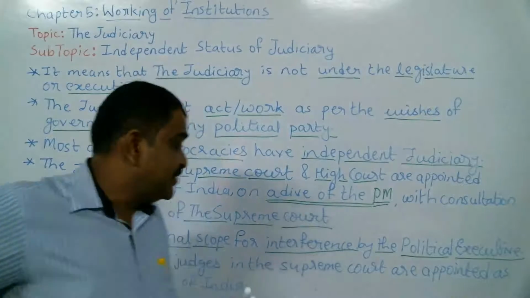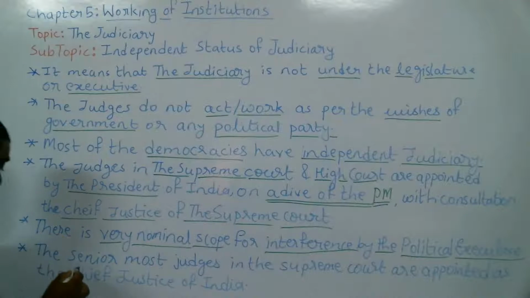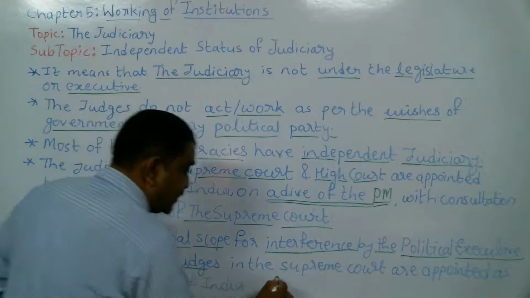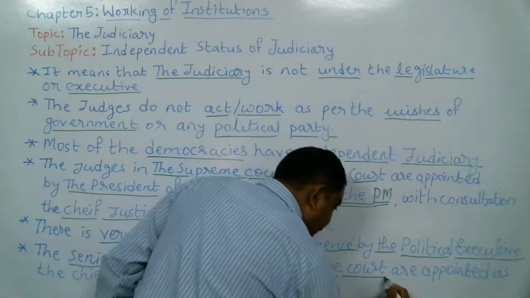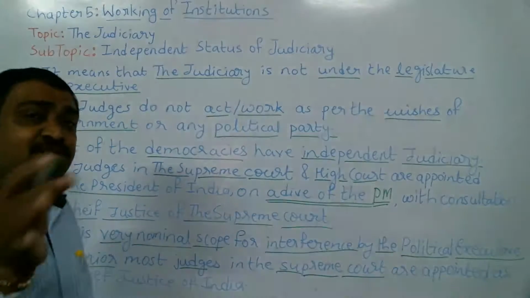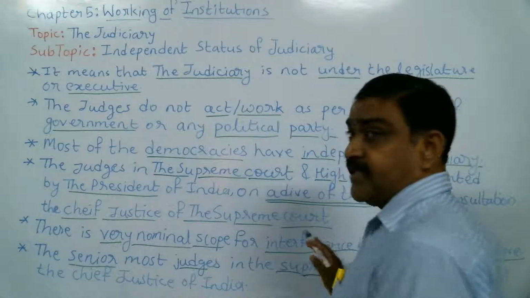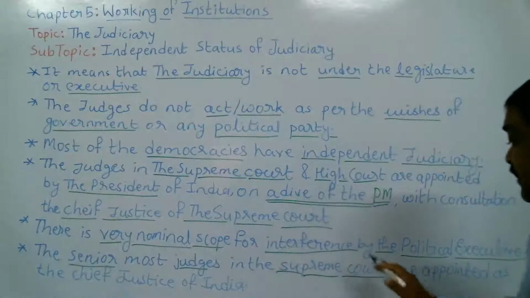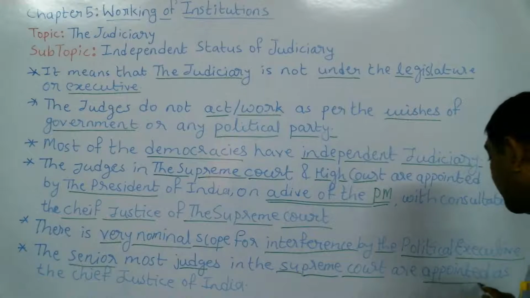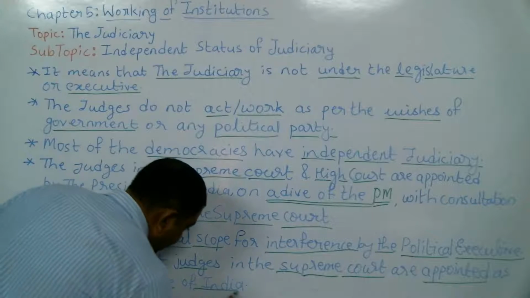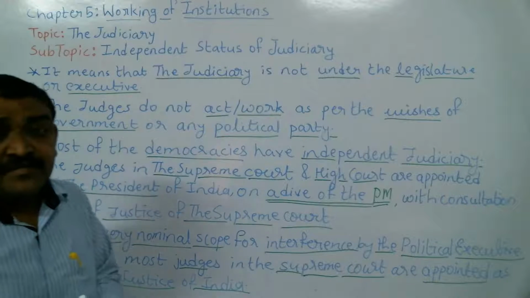Now in that case what happens? The senior most judges in the Supreme Court, it means Supreme Court में already जो 25 judges हैं उनमें से ही जो senior most judge है, the senior most judge in the Supreme Court are appointed as the Chief Justice of India. What does it mean?